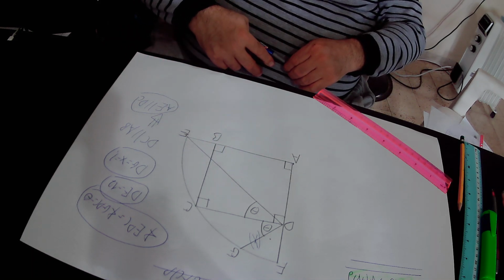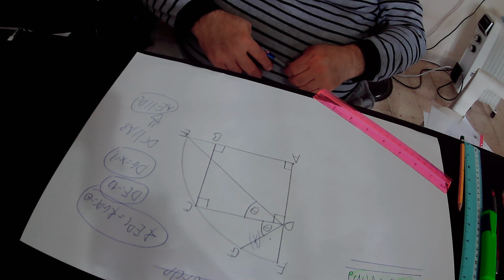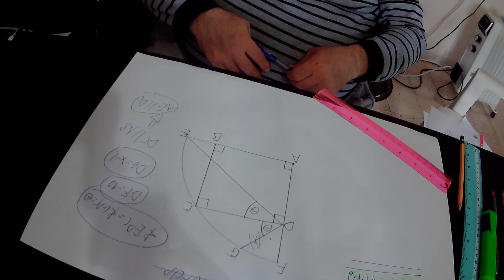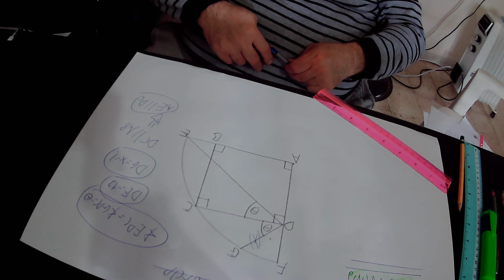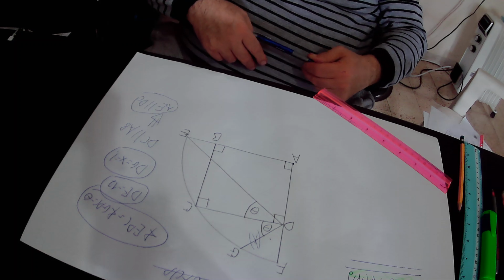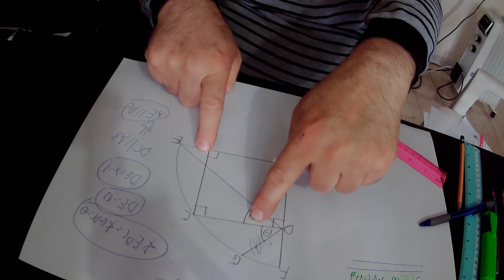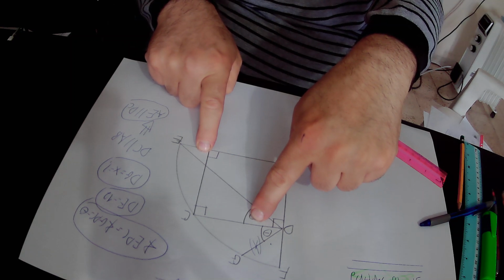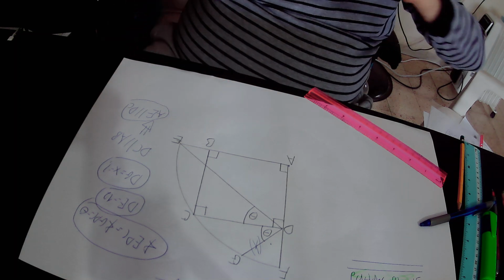Here we have the rule that alternating angles between parallel lines are equal to each other. Those two angles are defined as alternating angles, and they are located between the parallel lines DC and AE, and therefore they are equal to each other.